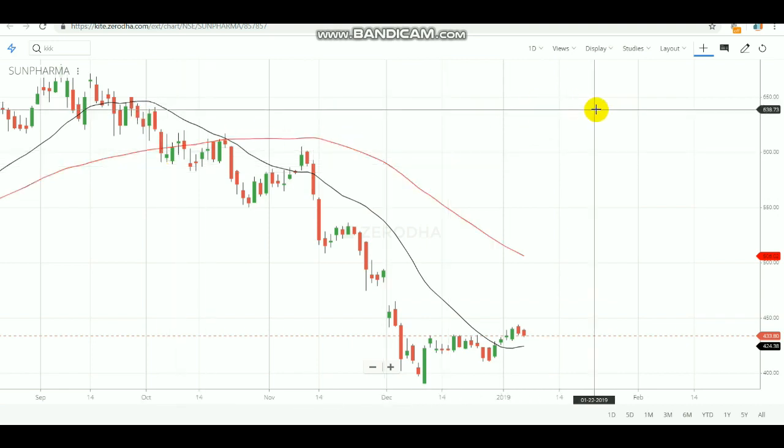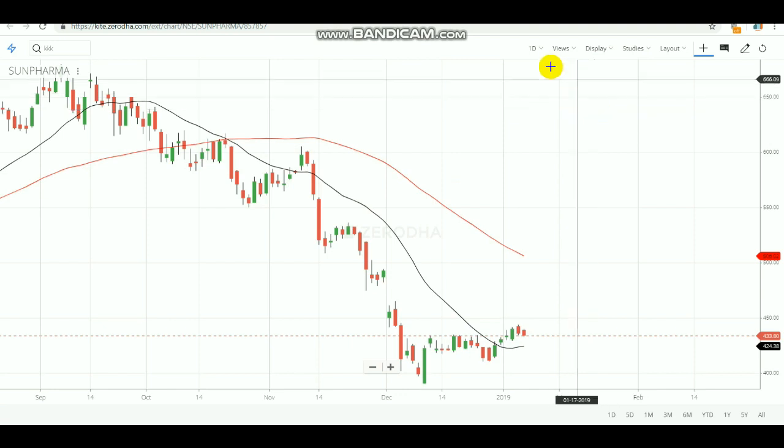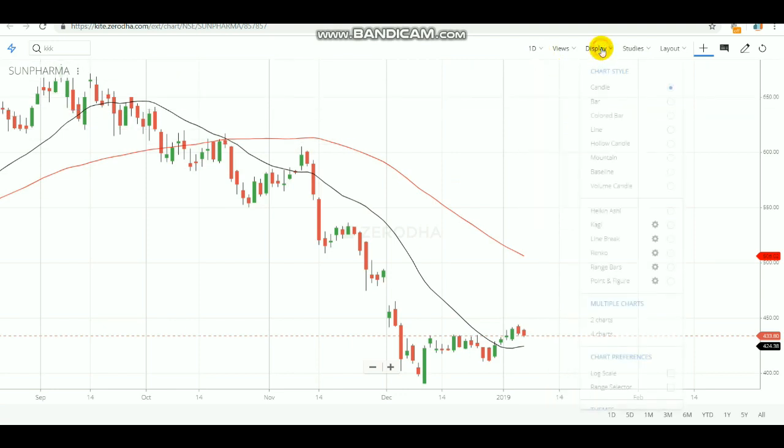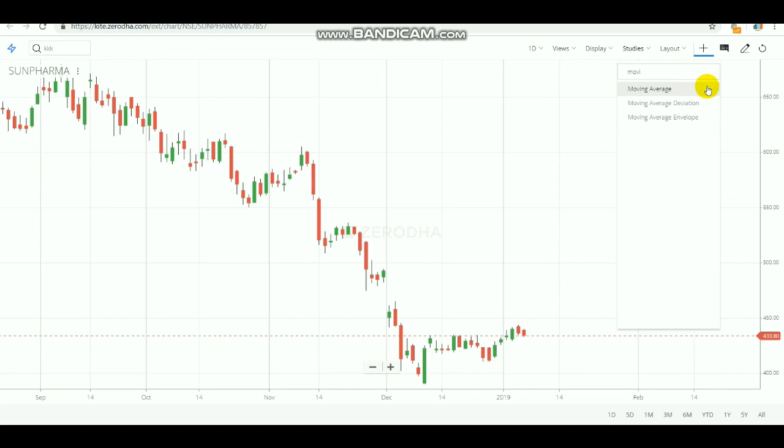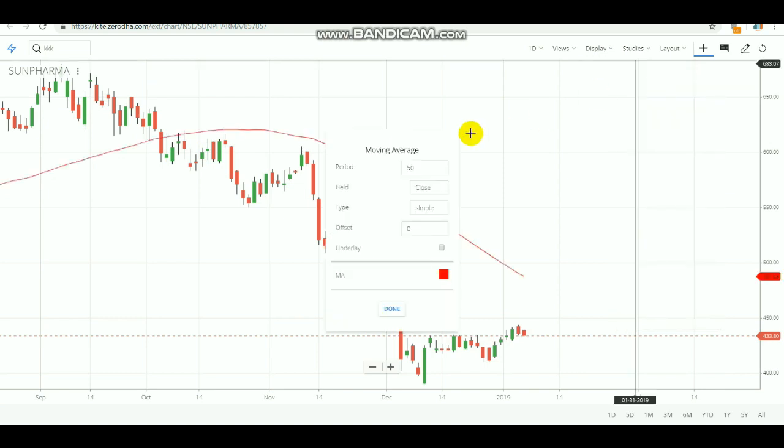For this, set the timing to 1 day, and it's a default candlestick only. Once again, we are going to use the moving average, and in the moving average we are going to change the period.